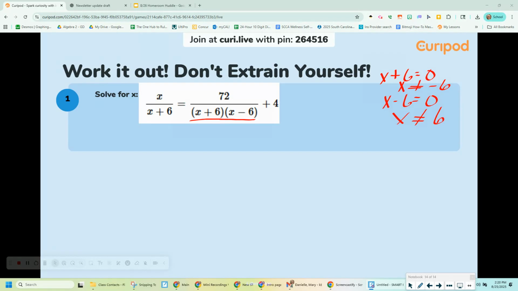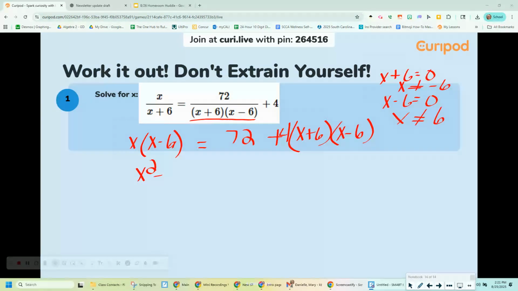So I need to multiply the first one by x minus 6. That's going to be equal to 72. I need to multiply the 4 by x plus 6 and x minus 6. Don't forget that 4 out there. Now I've dropped the denominator already. Let's go ahead and do our distribution.